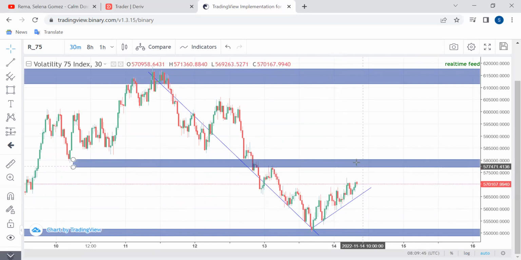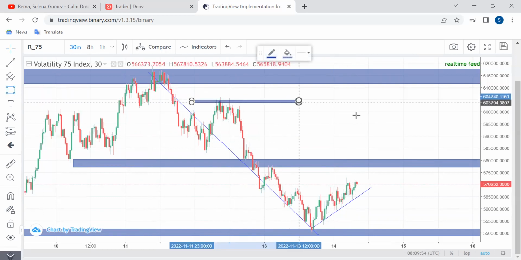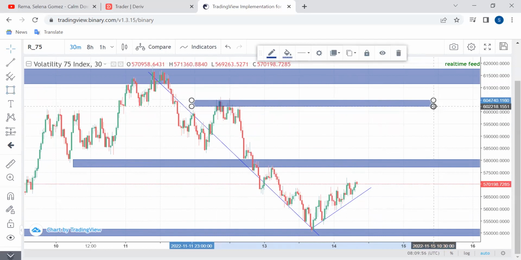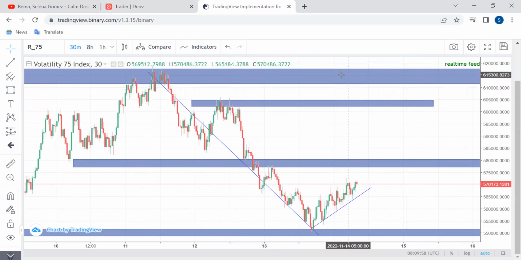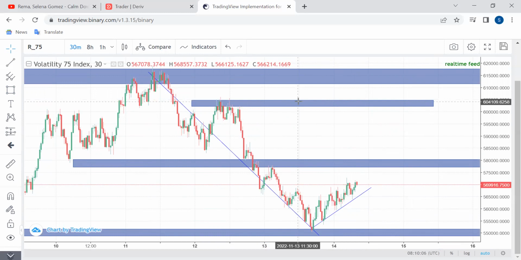We have this zone over here. We have our support, our first resistance. Let me draw the second resistance. This is the second resistance over there. Then the third resistance. So now, after identifying this, I'm looking for what we call entries.